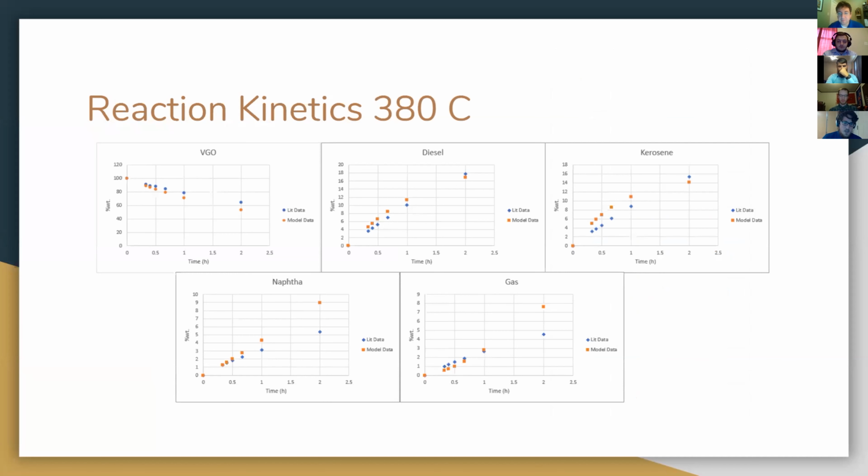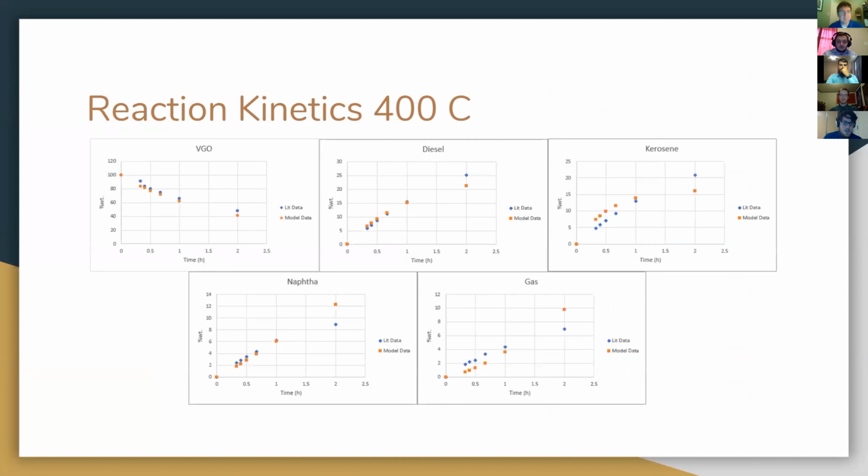The kerosene, the naphtha and gas are fine within the residence times given in the literature data, but would expand outwards as we go beyond that. That's not a big problem because our optimal point falls within the ranges where it works, but something to note.